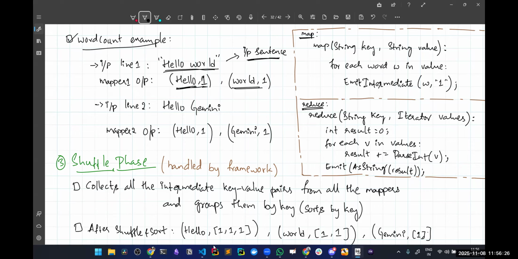Why? We don't yet know how many occurrences of that word are present across all the nodes in the cluster. So even before we calculate anything, as soon as we encounter a word, we say one. We will calculate the actual count later on.